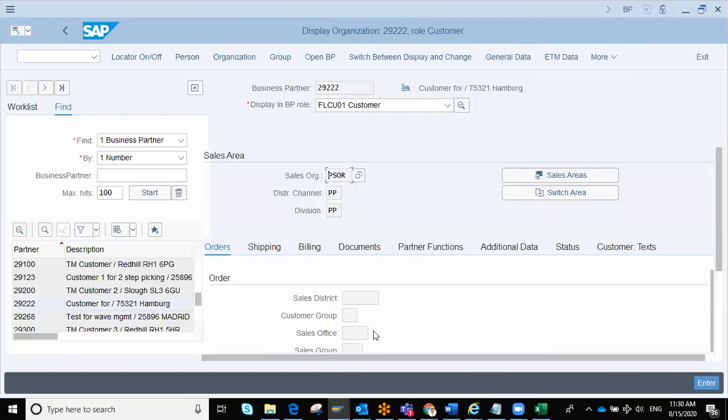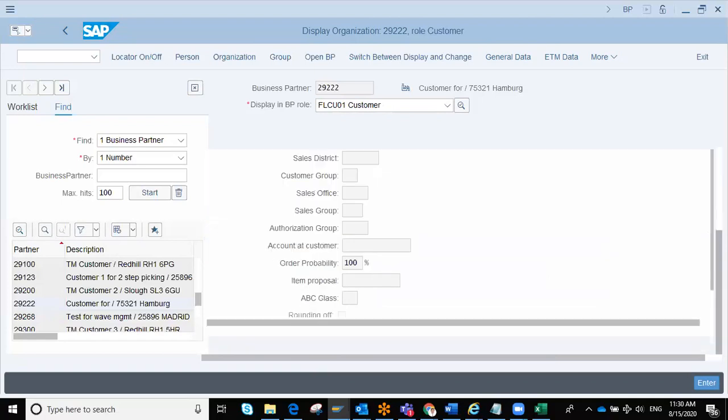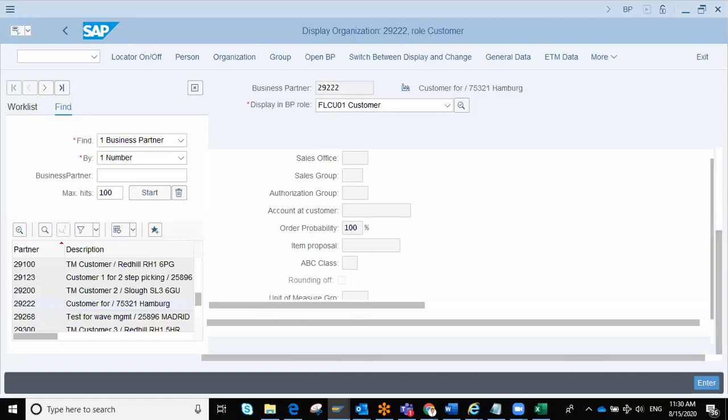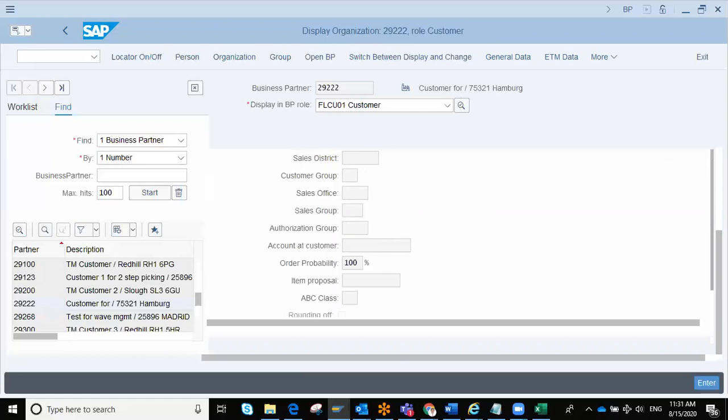See, this is the particular relationship for sales organization, distribution channel and divisions. We have different tabs. Order specific tab contains the order currency also. So you should mention the order currency here. It is coming slowly. You should maintain about the order probability for the specific sales office, sales group.